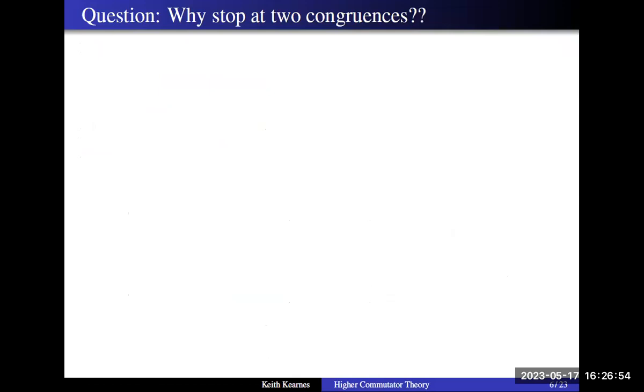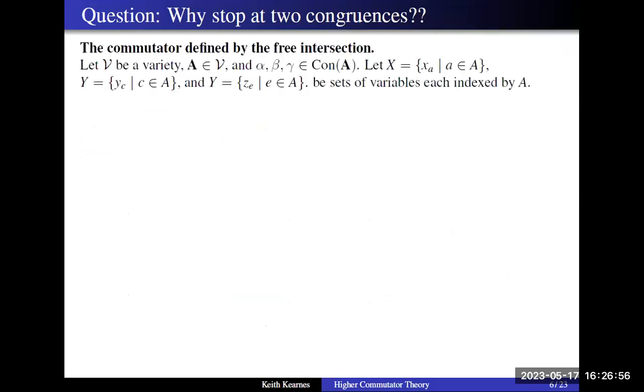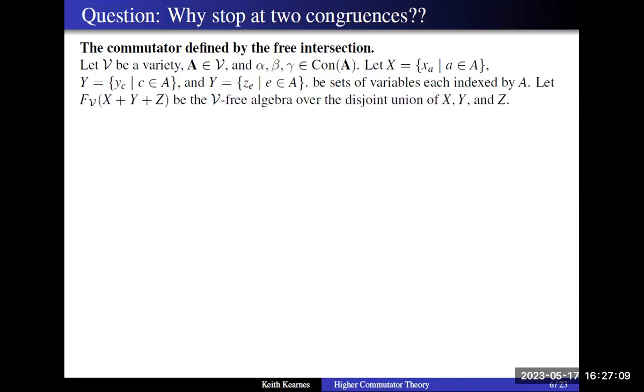With the free intersection, what do we do? We have a set of variables X, we have a set of variables Y, now we need a set of variables Z. And they enumerate copies of A within the free algebra. If you give me an alpha, beta, gamma, then I'm going to define congruences on the free algebra where I look at X and put the equivalence relation alpha on X and generate a congruence.